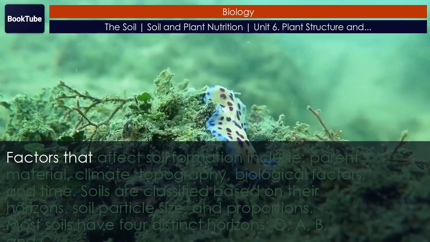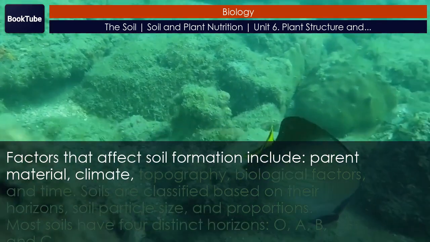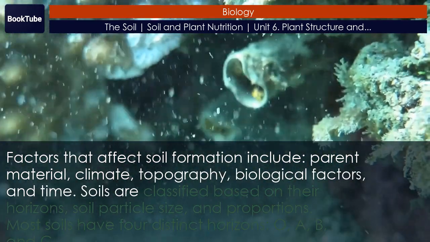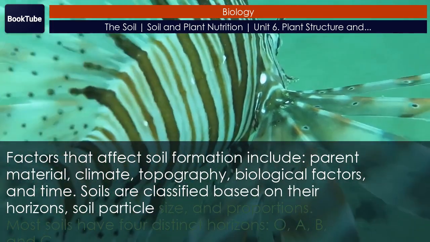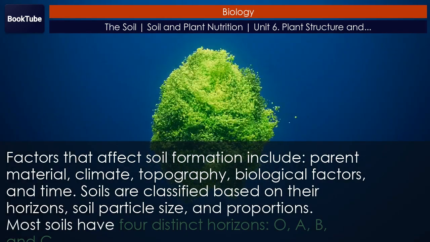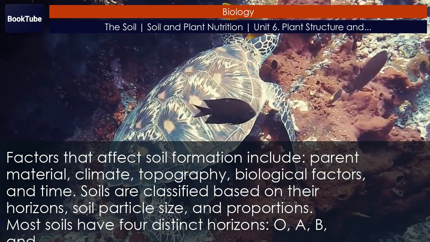Factors that affect soil formation include parent material, climate, topography, biological factors, and time. Soils are classified based on their horizons, soil particle size, and proportions. Most soils have 4 distinct horizons: O, A, B, and C.